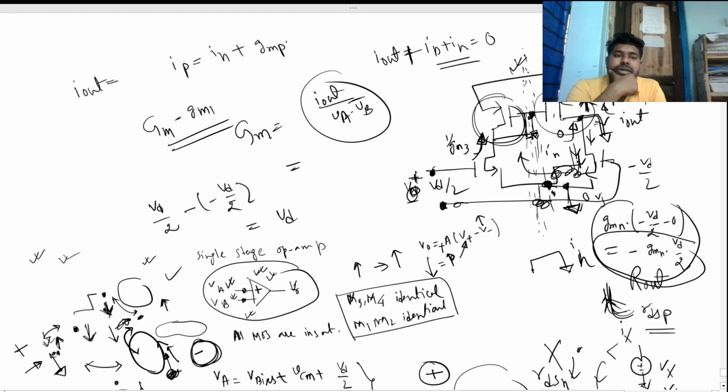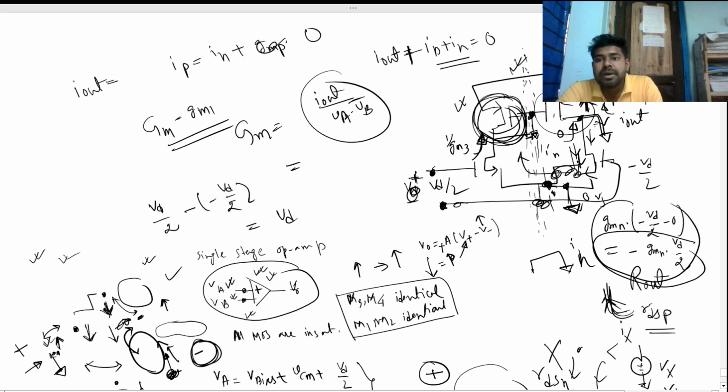Actually only the current coming from this current mirror will flow in this branch. There is no dependent current source because the small signal VGSP is 0, right? So we find that IP equals IN.